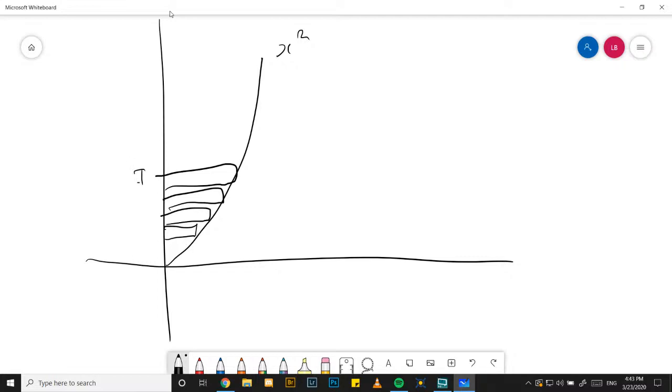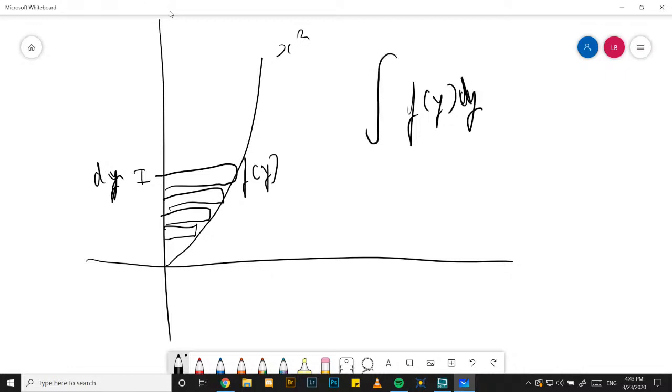Each of these rectangles has a height of dy, an infinitesimally small height, and each of these has a width of f of y. So for every given point of y, they have a width of f of y. So it's f of y times dy that is the area of one of these rectangles, and we can integrate this from whatever value we want, a to b. And so that's basically what this says.